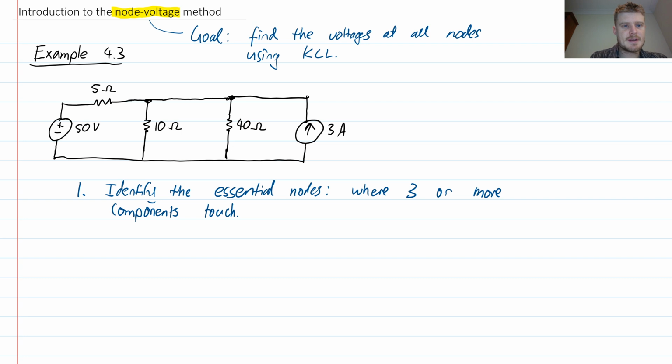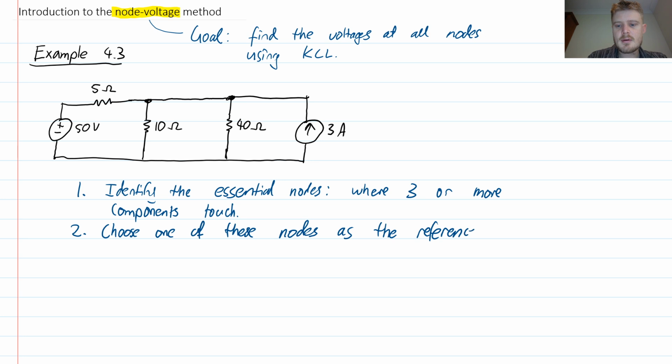Having identified those, we're now ready for step 2, which is to choose one of these nodes as the reference node. What that means is that all of the voltages will be measured with respect to that node.